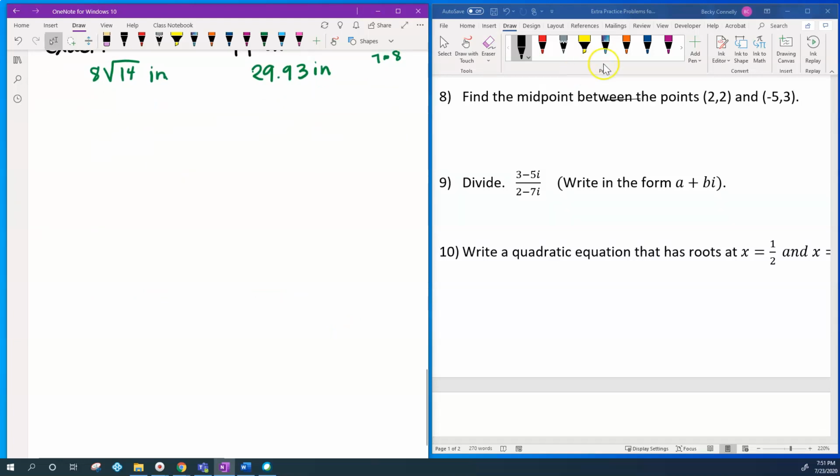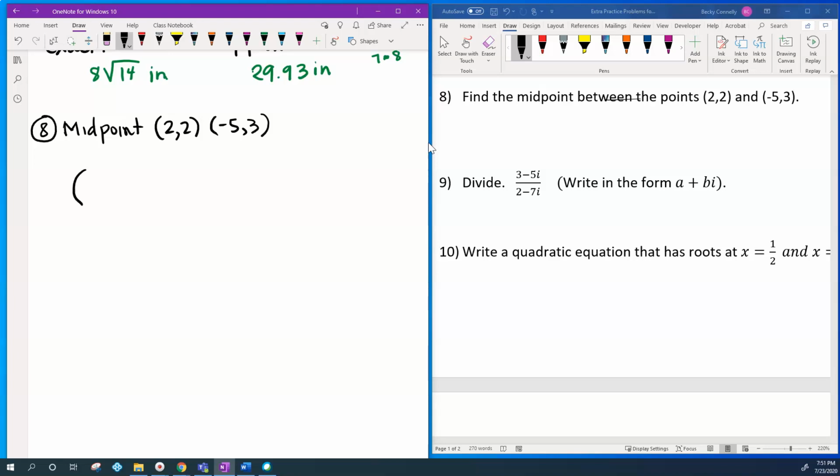Okay, how about this? Find the midpoint between the 2 points. How do you find the midpoint? Somebody remind us. Well, midpoint is really just an average, right? So you're basically trying to find the average of the x's and the average of the y's.